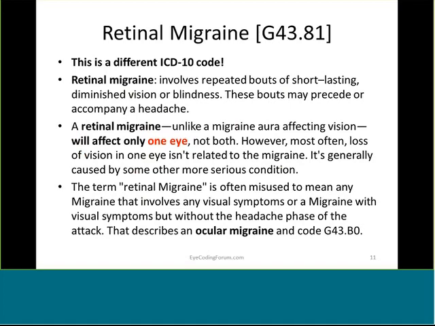However, most often, loss of vision in one eye isn't related to the migraine. It's generally caused by some other more serious condition. Now, the migraine term is often misused to mean any migraine that involves any visual symptoms, or a migraine with visual symptoms but without the headache phase of the attack. That describes an ocular migraine and the other code, G43.B0.